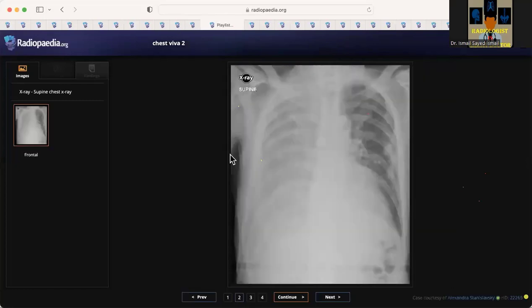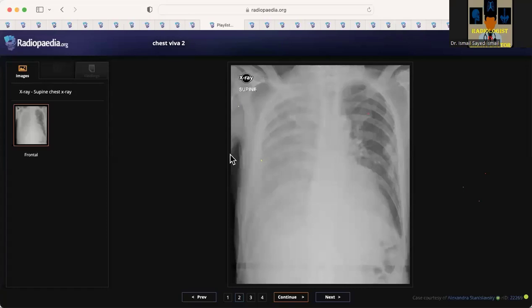So this is an elderly patient who is unwell, who presented with acute shortness of breath. I'm presented with a frontal chest radiograph of an adult patient with acute shortness of breath.